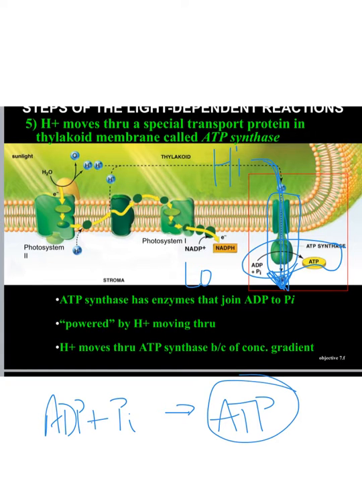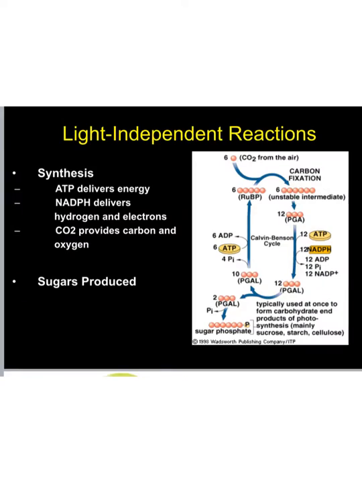Okay, so this is how we are driving that synthesis of ATP. The hydrogen ions are flowing through this enzyme down their concentration gradient from an area of high to an area of low concentration. So the hydrogen ion gradient is powering this enzyme to catalyze this reaction to produce ATP.